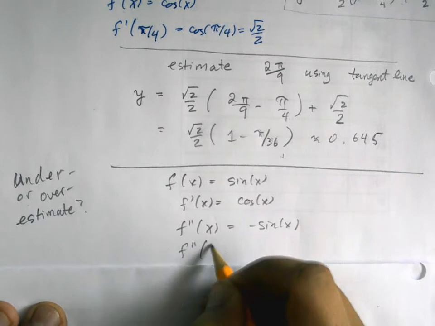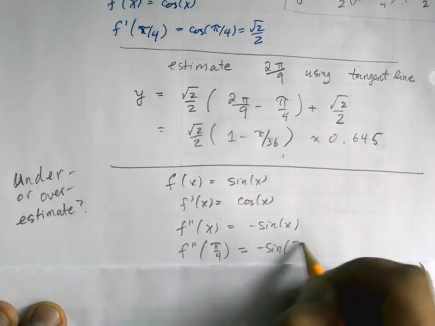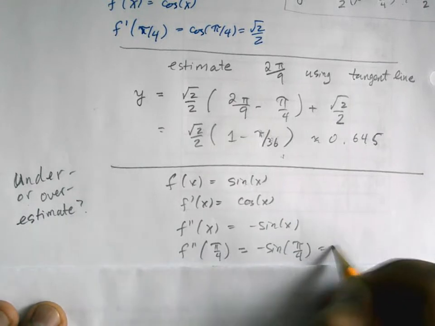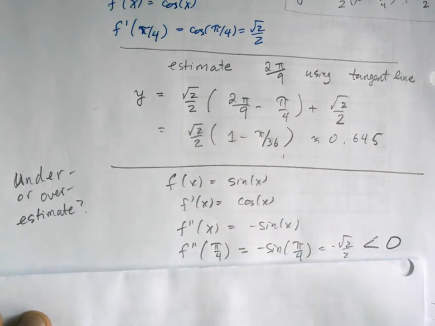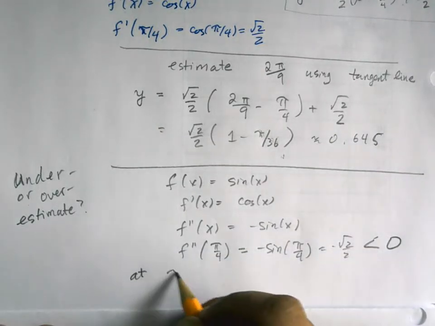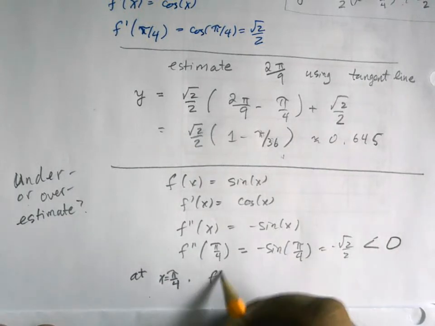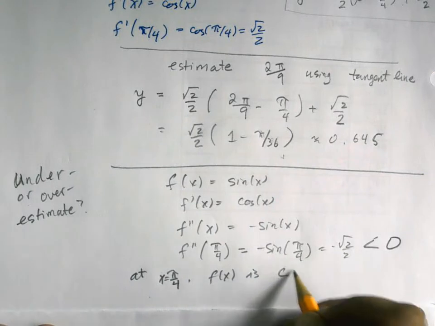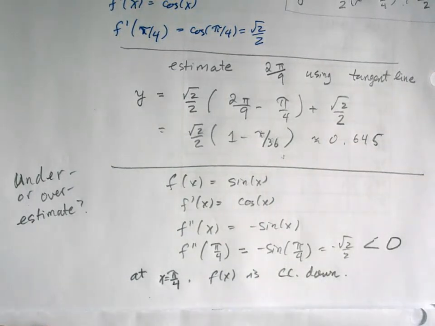That means f double prime at pi over 4 is equal to negative sine of pi over 4, which is negative root 2 over 2, a negative number. That's essentially all we really care about. So that means at x equals pi over 4, f of x is concave down.